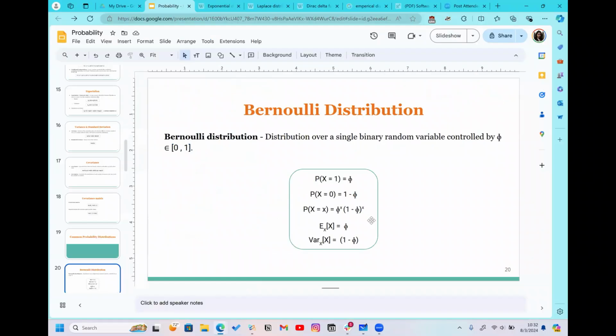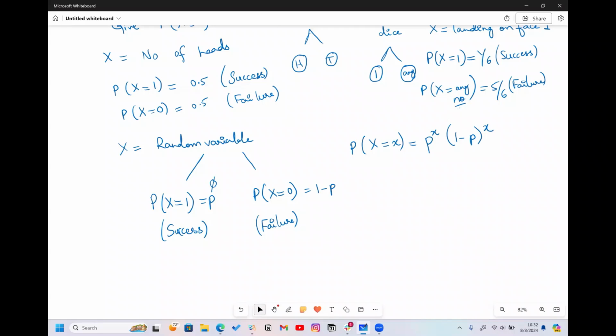One second. Yeah, right, that's what I've written. Instead of phi I've taken P, but this is the generalization.